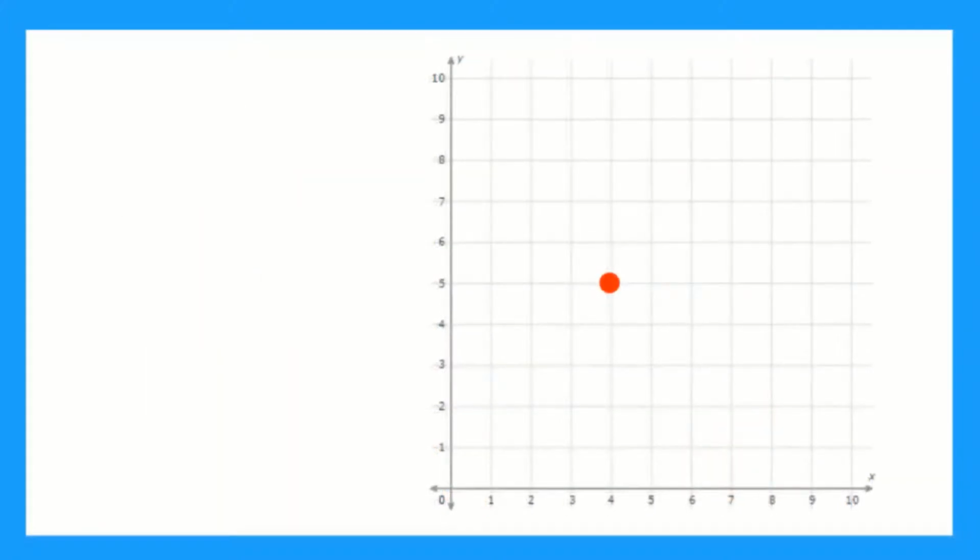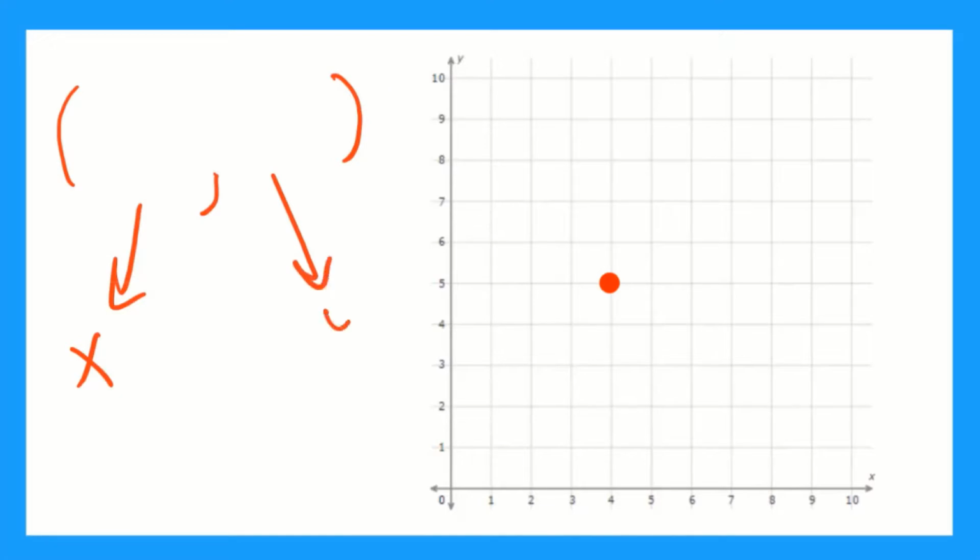So now on this one, I already have my point here, and what I need to find are my missing coordinates. So I know there's going to be a parenthesis and a comma. This spot here is going to be my x-coordinate, and this spot here will be my y-coordinate. So how am I going to find my x-coordinate if I have my point here? I know that my x-coordinate lives down here on the x-axis, so if I make a little dashed line down here, it lives at the x-coordinate 4.